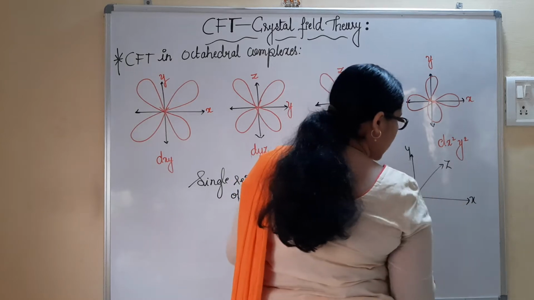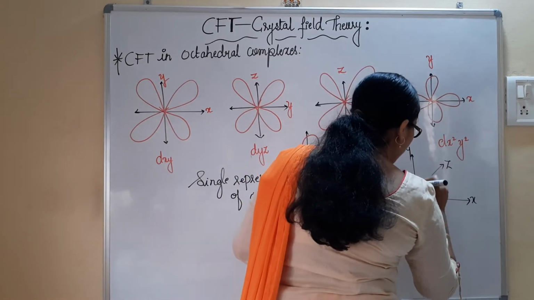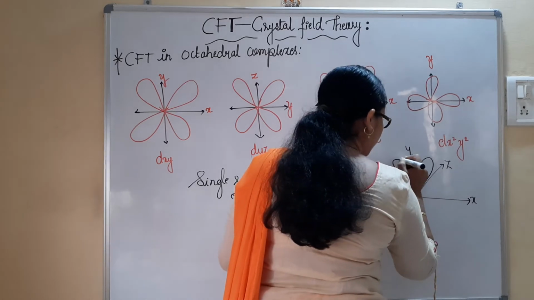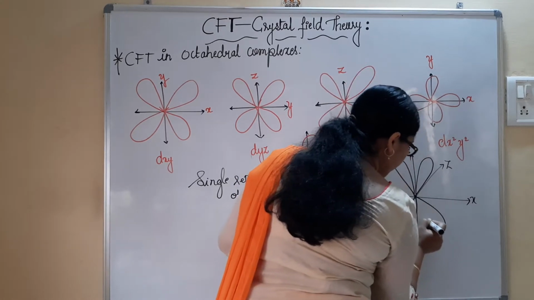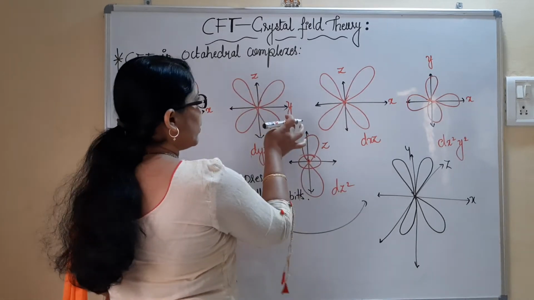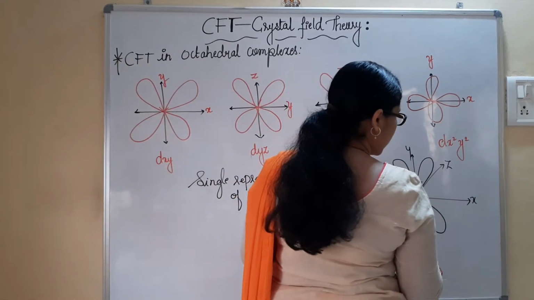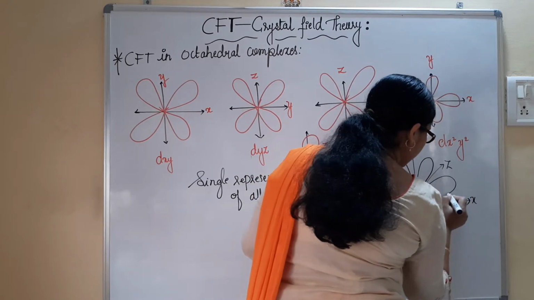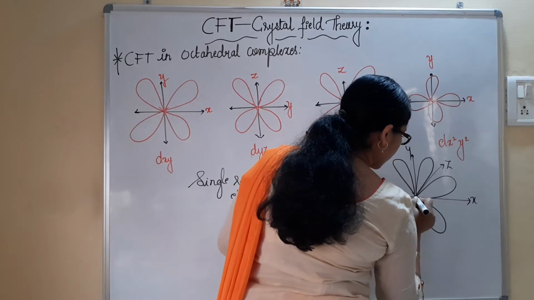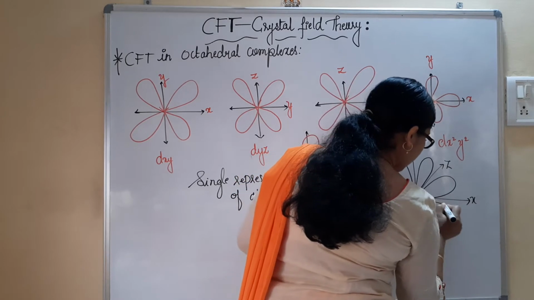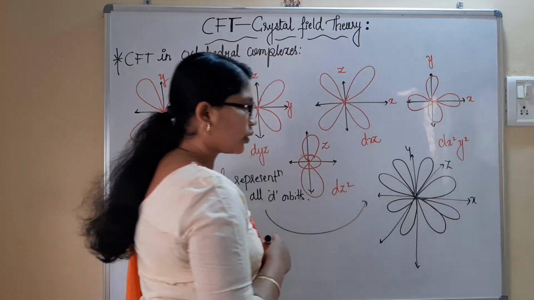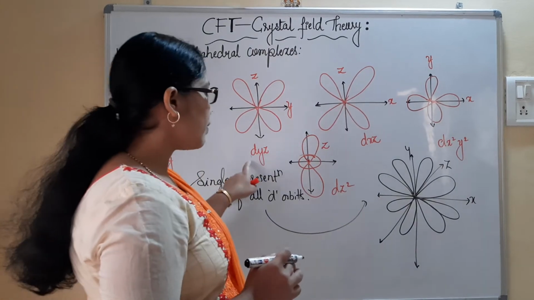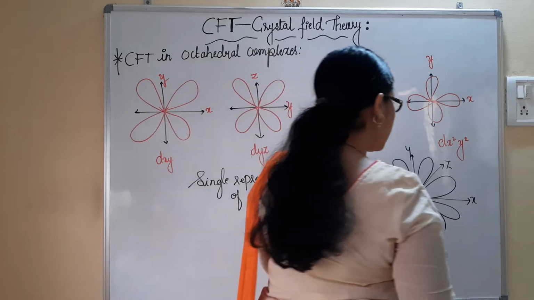So how to show that? Like this. What about the other, in between y and z? That can be shown like this. So just imagine dxy, dyz, as well as dxz, which I will show here in this only.